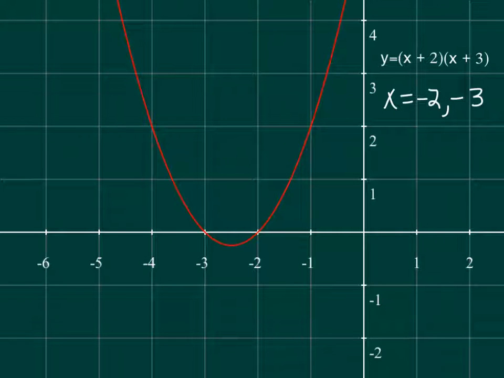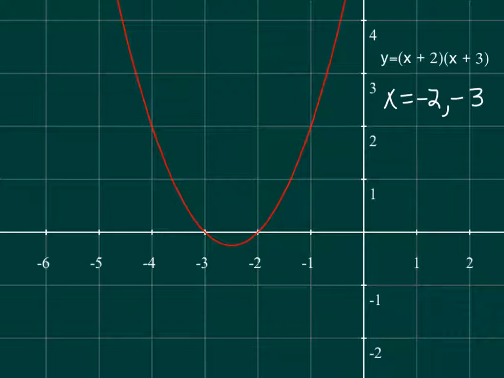Okay, so here's the graph of this particular equation, y equals x plus 2 times x plus 3. And remember, we said that x equals -2 and -3, and sure enough, here our graph crosses the x-axis. Now, why is that so important?